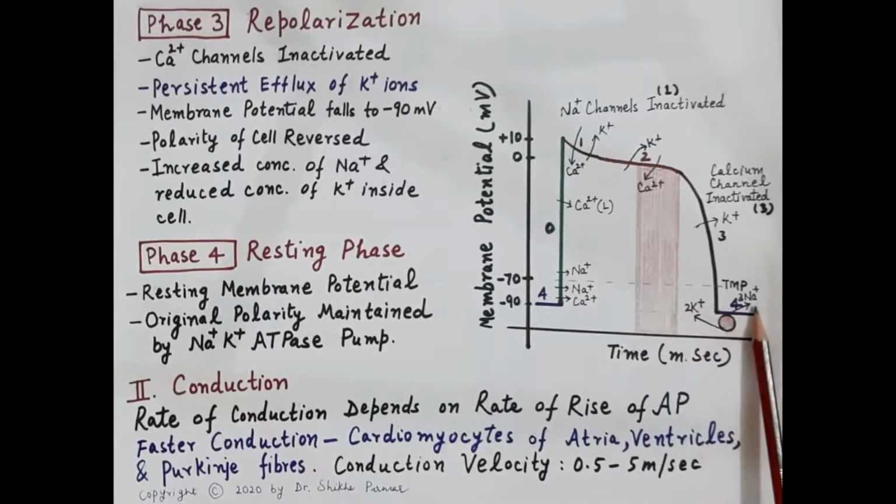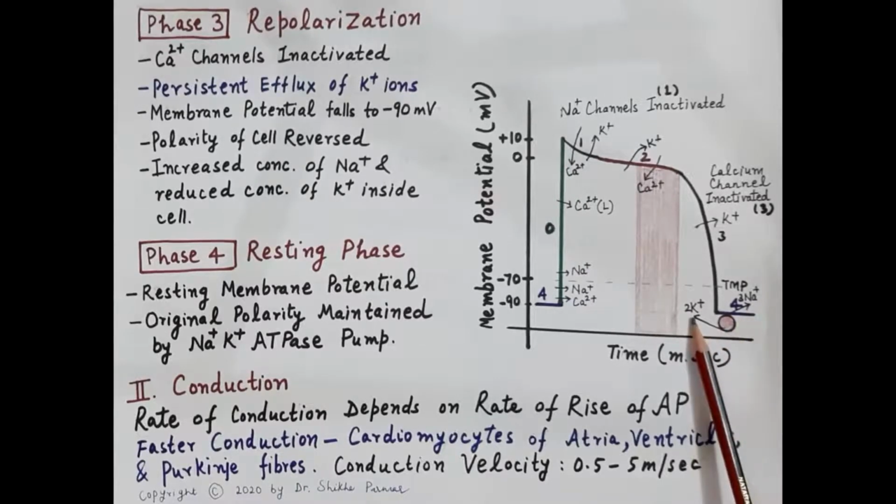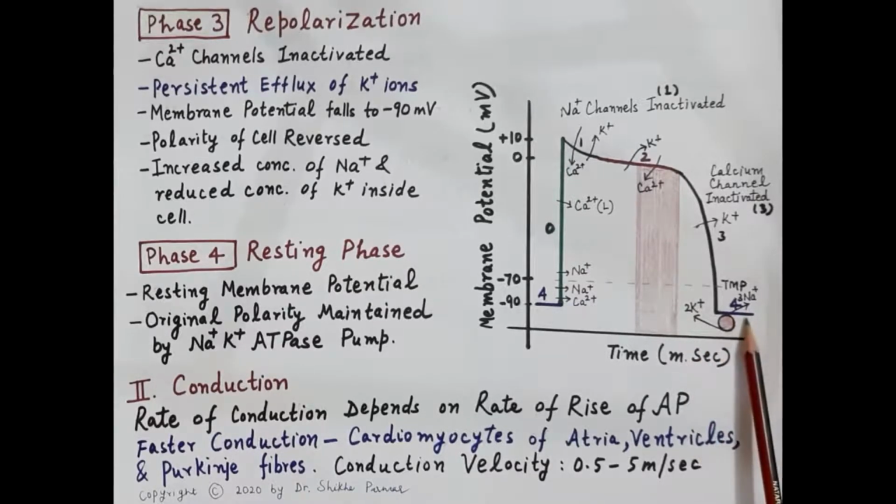For every loss of 3 sodium ions, there is gain of 2 potassium ions. So at the end of phase 4, the membrane potential becomes normal, as that has already been achieved at the end of phase 3. So in phase 4, the membrane potential is minus 90 millivolts, and the polarity of the cell also becomes normal. Because of the functioning of this sodium potassium ATPase pump, the cell achieves the normal polarity, that is higher concentration of potassium inside the cell and higher concentration of sodium outside the cell.